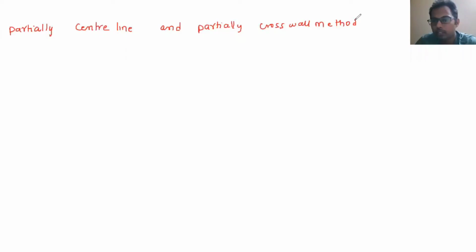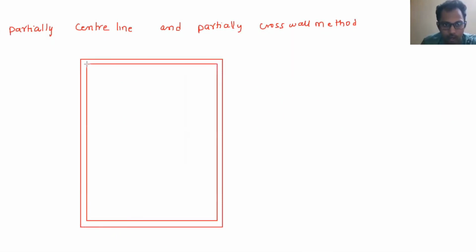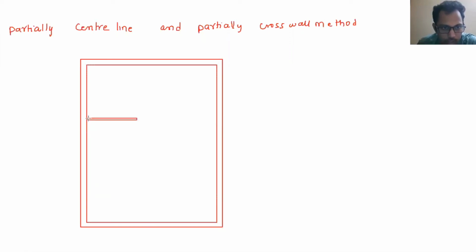See, when the walls have different thicknesses, for example, if I draw a plot like this, this is a small building where the outer walls, the exterior walls, have uniform thickness, but there are some partition walls in this building which have different sizes and thicknesses.